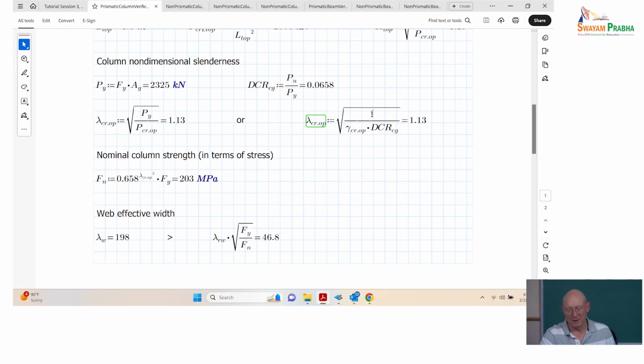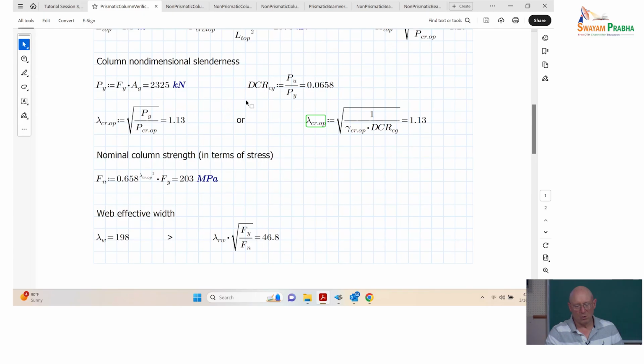Or we can write it as, if we call this a design, demand to capacity ratio, DCR, Pu is our demand, our loading demand. Capacity in terms of gross cross section is the yield load, Py, Fy times Ag. That's what we're doing here, working with a gross cross section when we're working on our column, to get our column capacity. Okay?